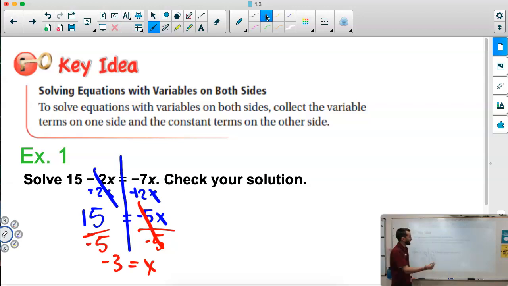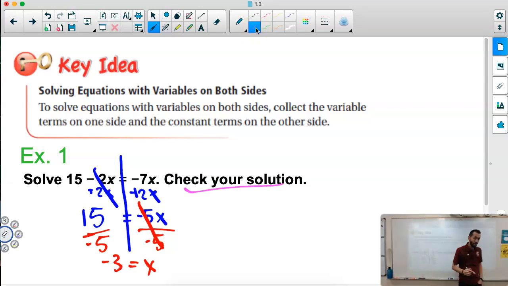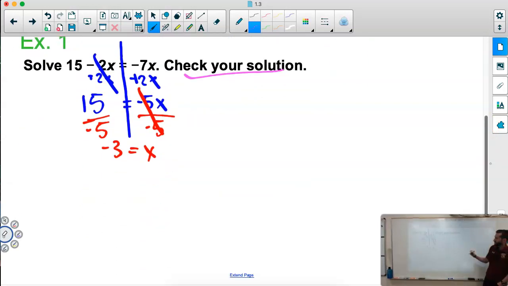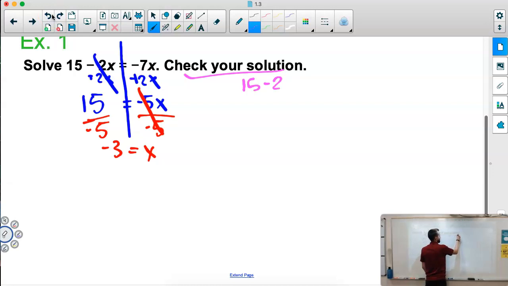And x will equal negative 3. Okay, to check my answer, it says check your solution. I'm going to go back to the original problem. Sorry, 15 minus 2 times x equals negative 7 times x. And we're asking, is it equal?